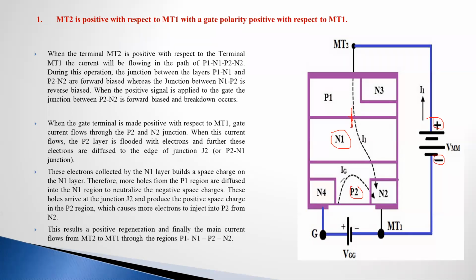By applying the gate, injecting gate current carriers into this P2 layer. At one particular gate current level, the depletion layer is totally finished and the path is provided for current to flow through P1, N1, P2, N2 and MT1. This is the turn on process of the triac with positive MT2, negative MT1 and positive gate.